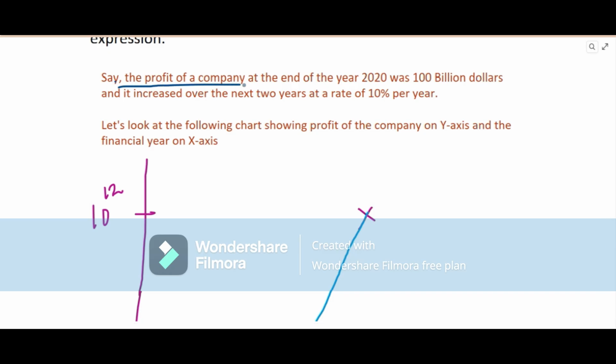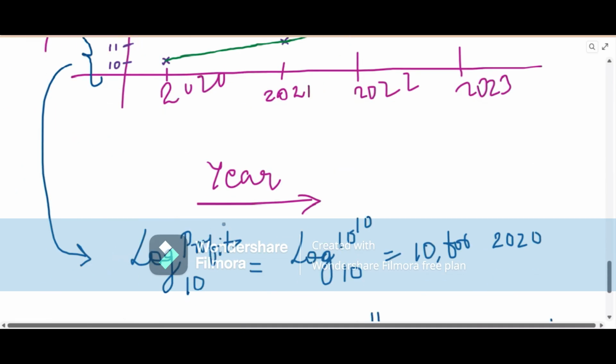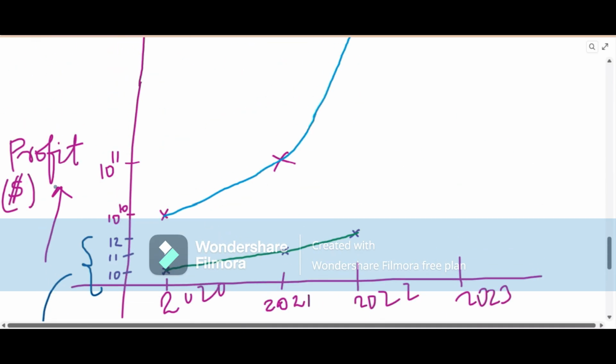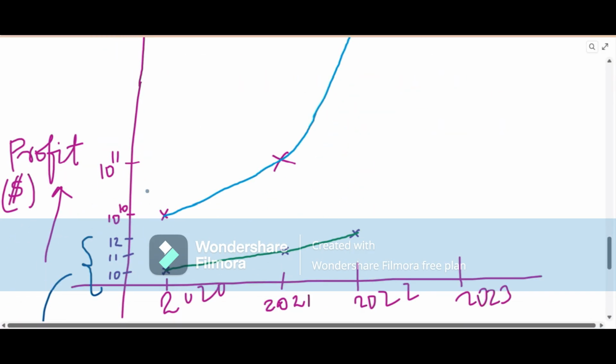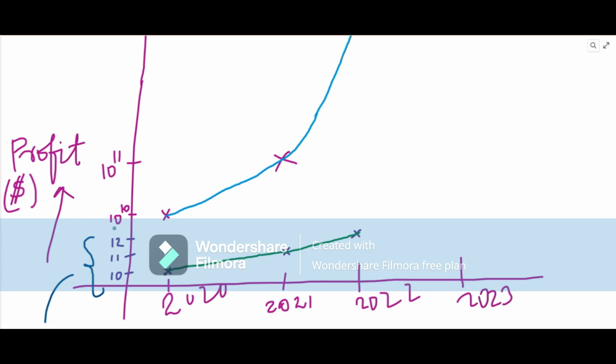So you will take those values on the y-axis and years on the x-axis. If the scale is of the order of 10 to the power 10, you want to reduce the scale so that you will be able to easily draw the curve and analyze it better.